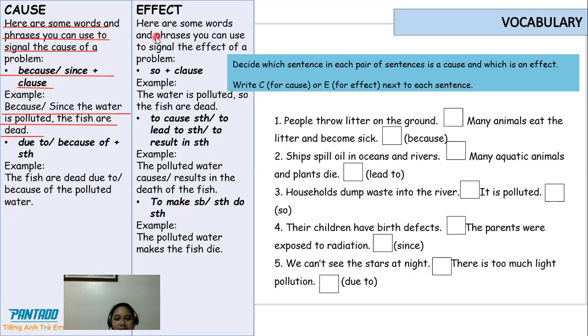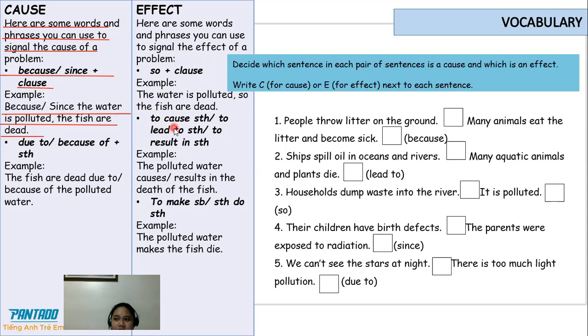And effect. Here are some words and phrases you can use to signal the effect of a problem. We have so plus clause. Please read the example. Fish are dead.